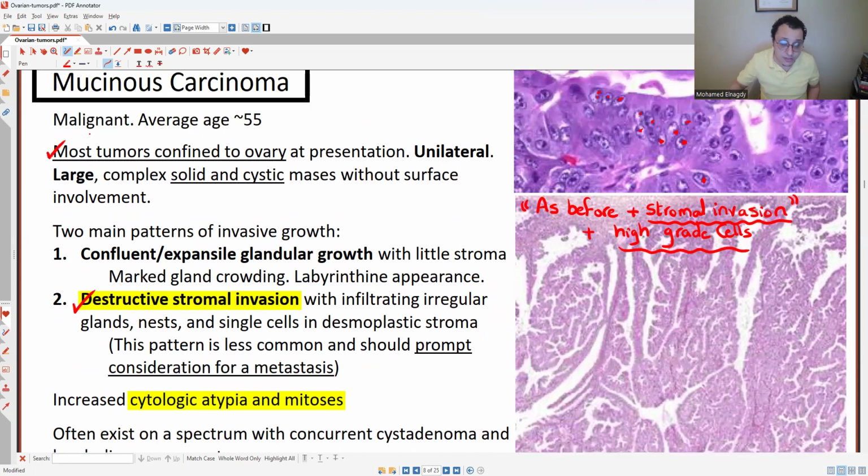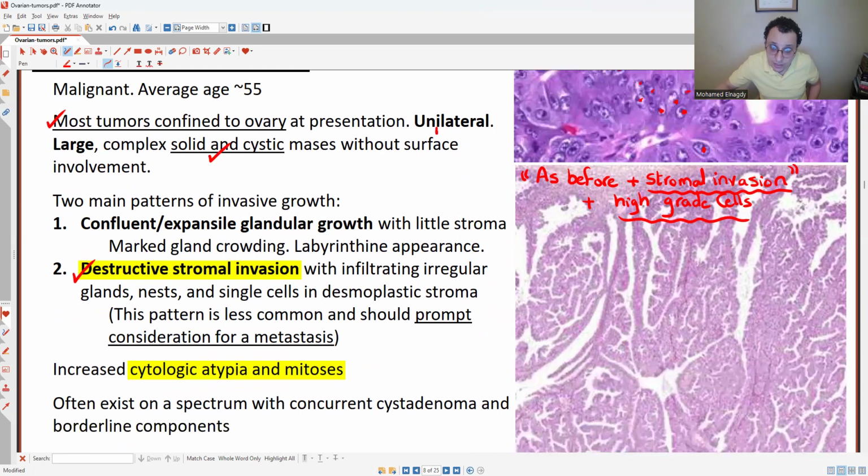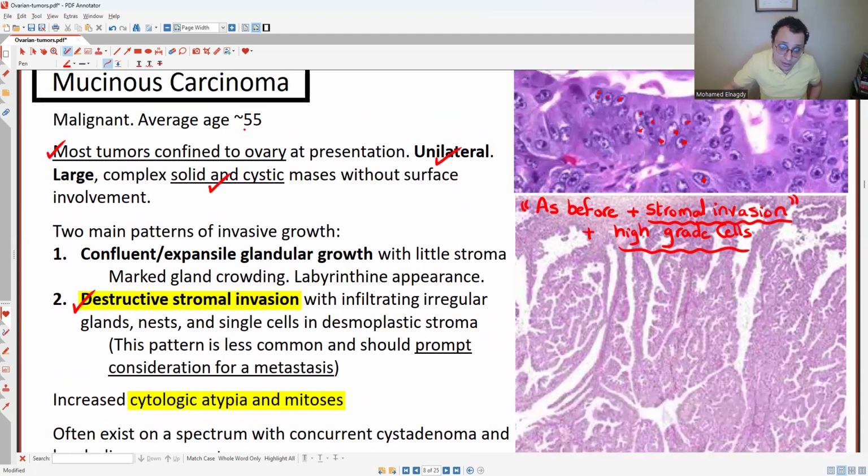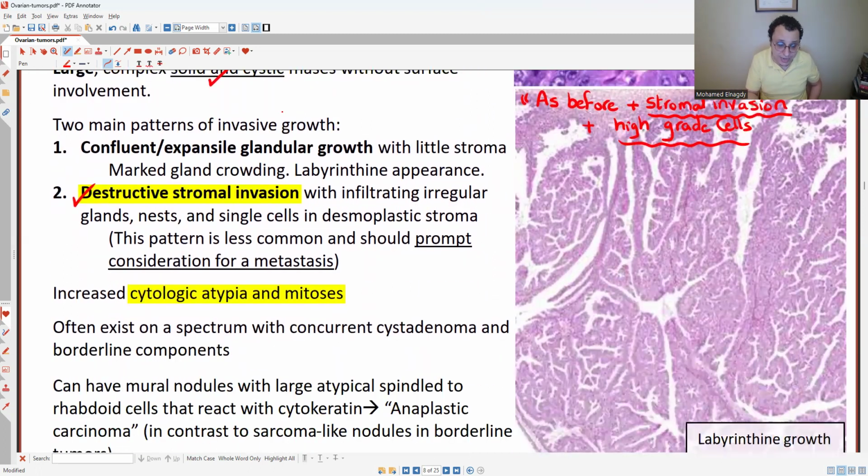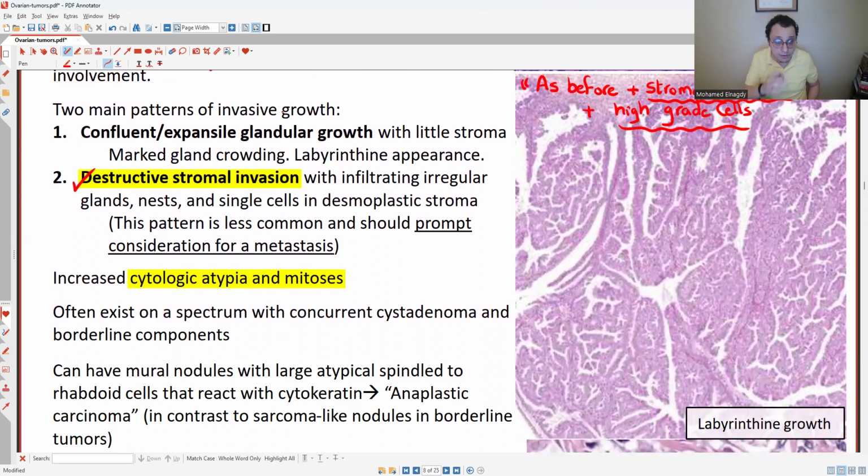Most tumors in this case are usually confined to the ovary, have solid cystic areas, are usually unilateral, and happen in older females. The same exact introduction. However, you have some kind of expansile glandular growth, and there is destructive stromal invasion.